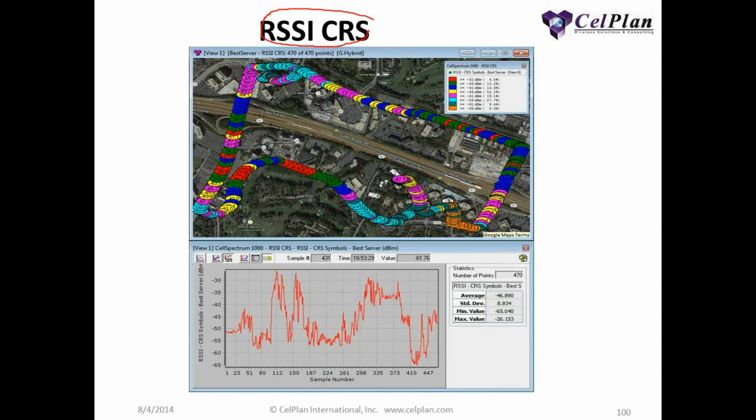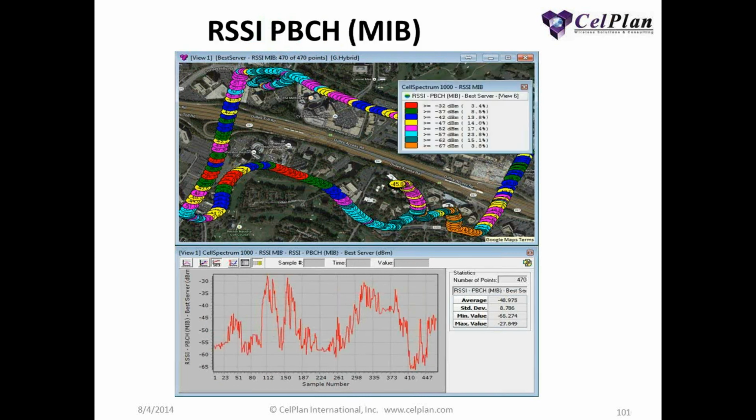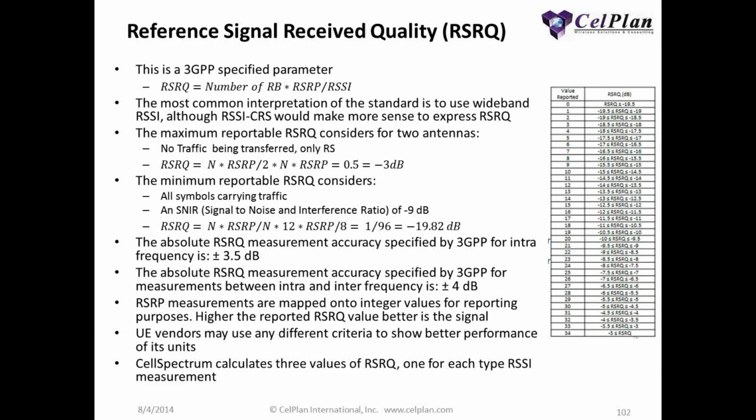And if we measure it on the MIB, the average is minus 48. We need to normalize these figures, because each one is measured over a different bandwidth. So maybe one idea would be to put the normalization in each measurement, something to be analyzed.